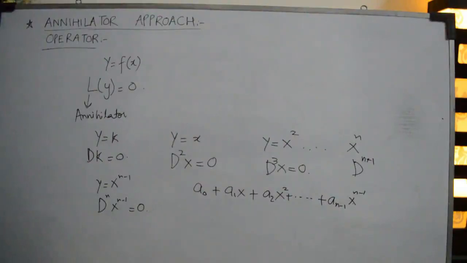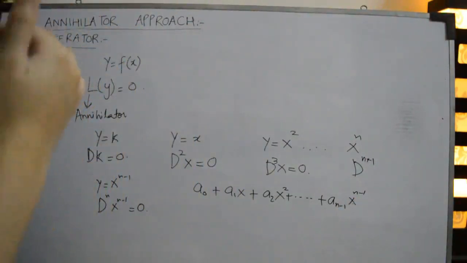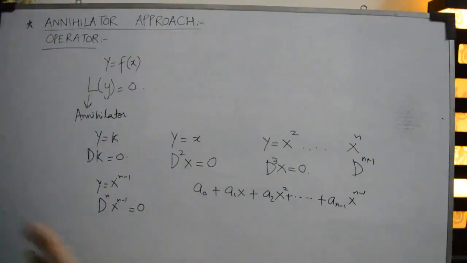So this complete polynomial function can become 0 if I differentiate it up to n times, not n minus 1. It's one order higher than the given term, so that it becomes 0.